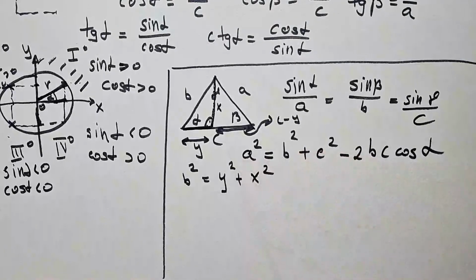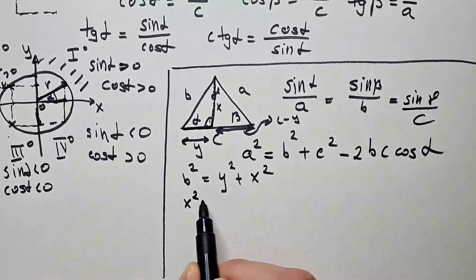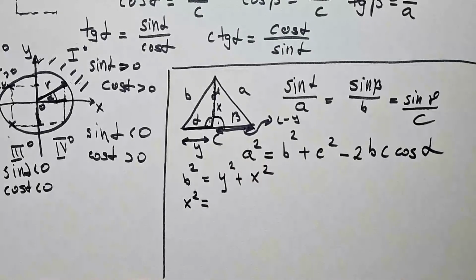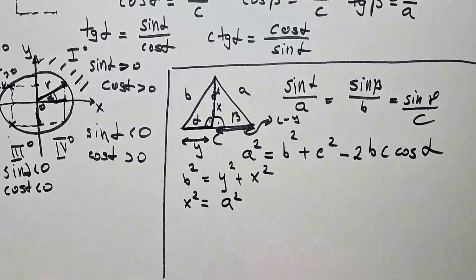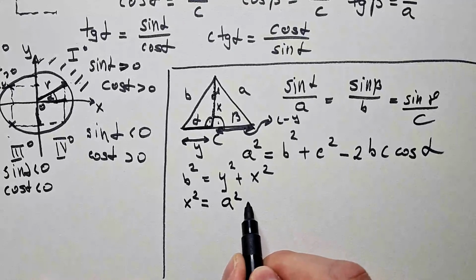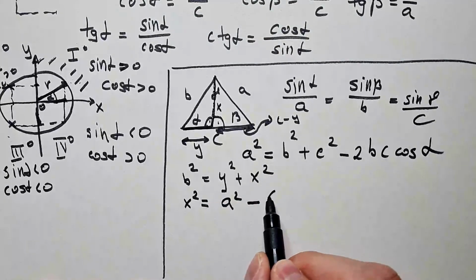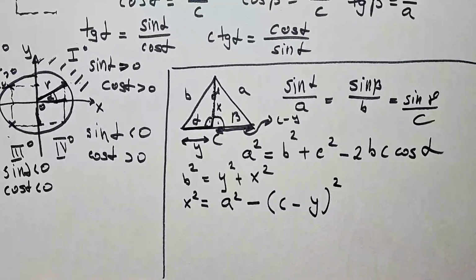But what is x squared? Well, this is also a right angle over here. So x squared will be a squared, using Pythagoras theorem, minus this over here. But this over here is c minus y, everything squared.